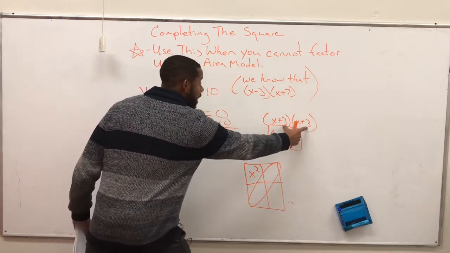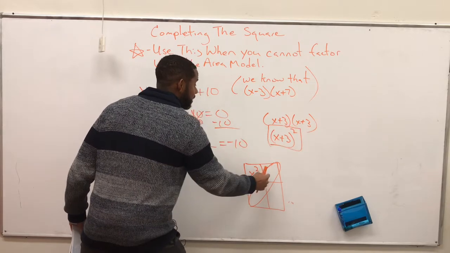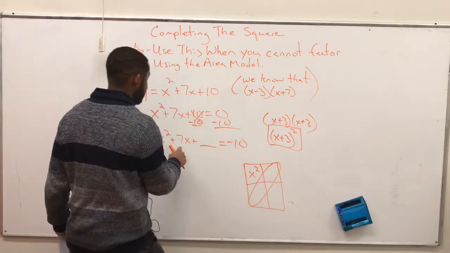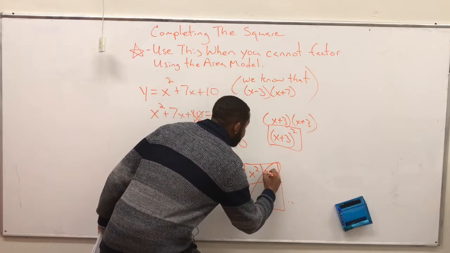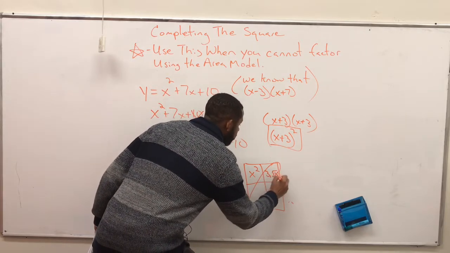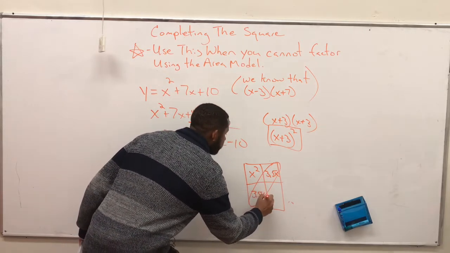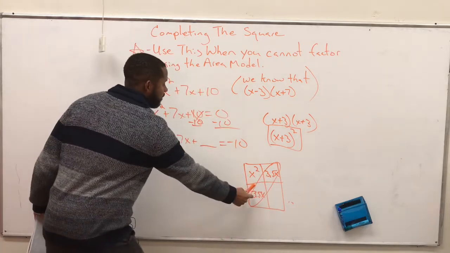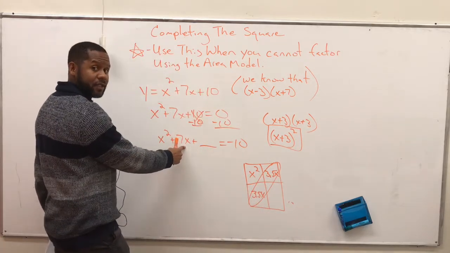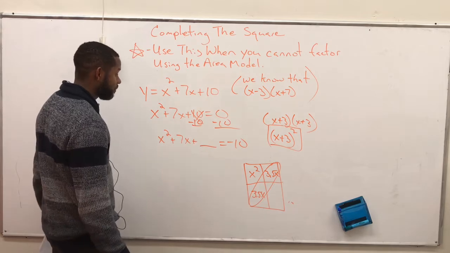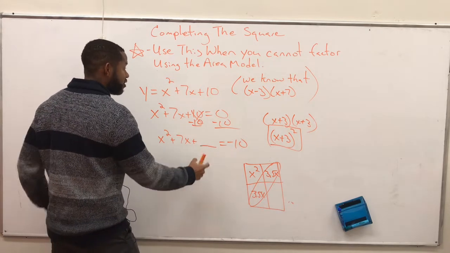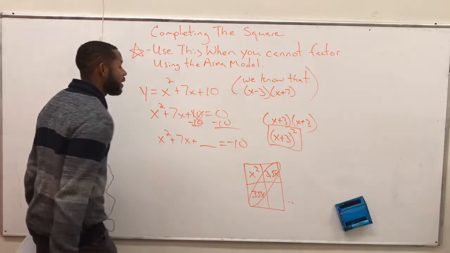But I also want them to be the same, so I need the same number plus itself equals 7. In other words, I need 7 divided by 2, or 3.5 plus 3.5. So 3.5x plus 3.5x equals 7x. Hopefully that makes sense, because I want to make sure that I can factor it to the same thing twice.